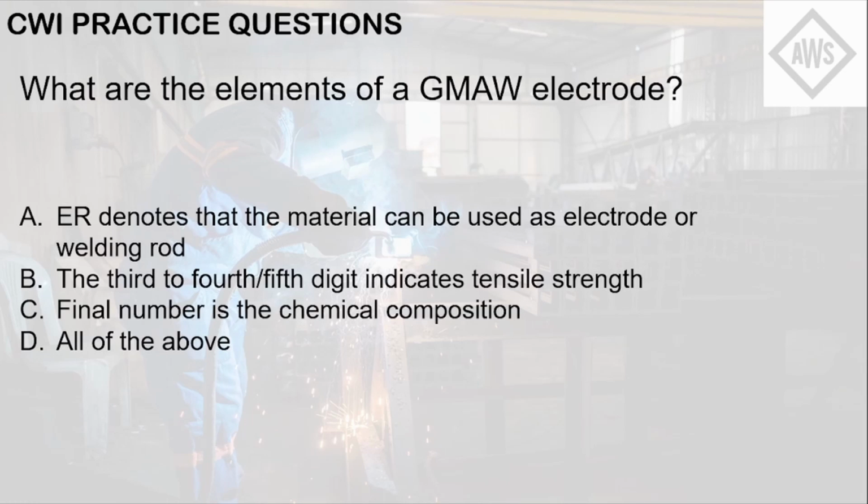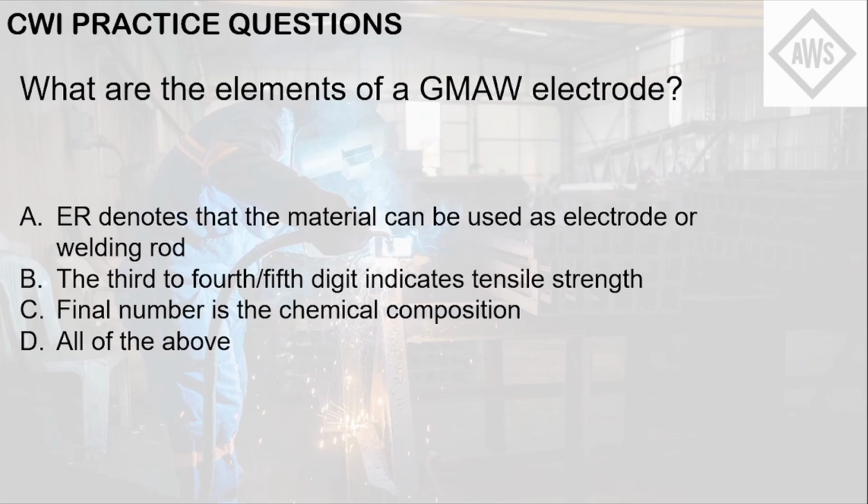So all of these characteristics of a GMAW electrode are accurate in terms of these choices. The ER denotes that the material can be used as electrode or welding rod. The next digits indicate tensile strength.